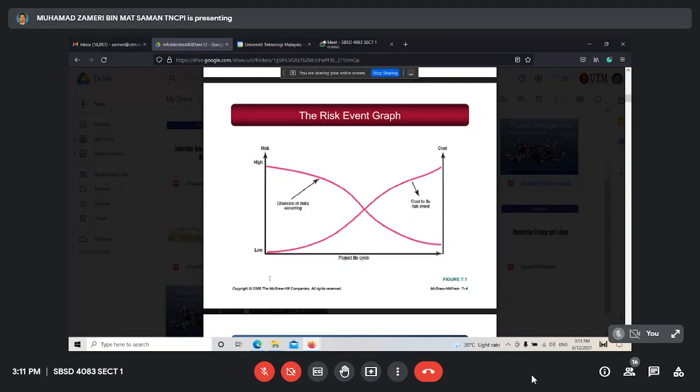Something like this, the project life cycle. The line below shows that because we just start the project, the cost is very low at this point. But as we proceed with the project, the cost increases over time. Let's say you handle a project, you need to add more cost.